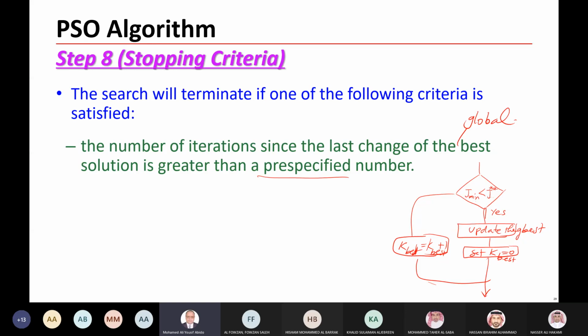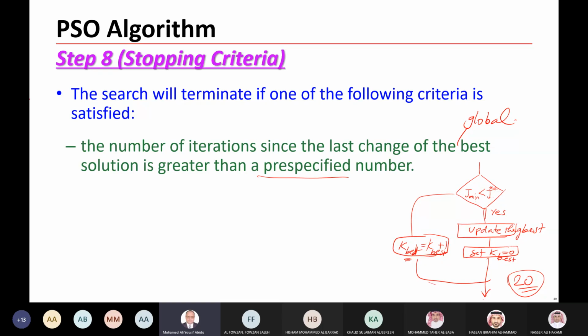Then when you go to the stopping criteria, you can ask whether this K best is greater than or equal to, for example, 20 iterations. If the K best reaches 20, that means this solution doesn't change for 20 iterations, so we can stop the search.